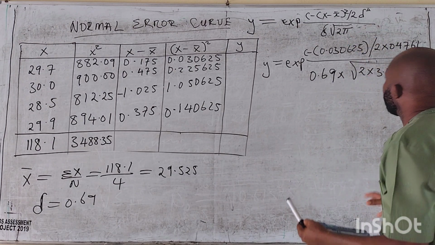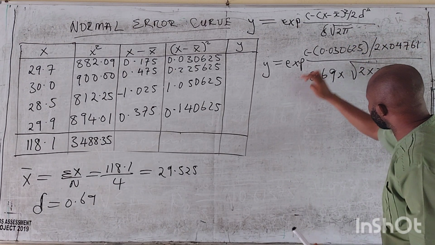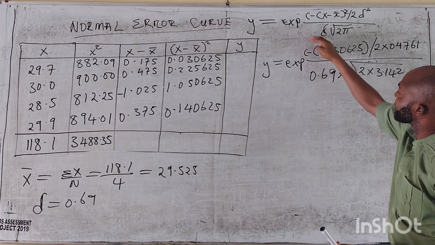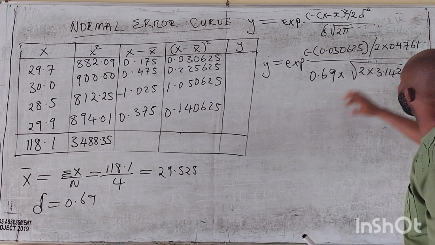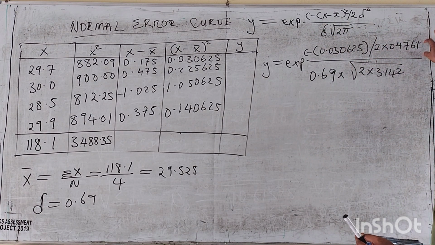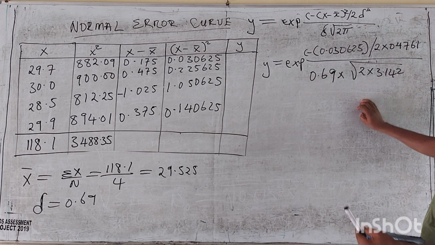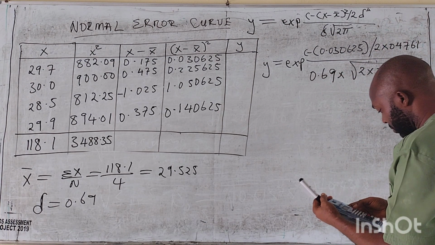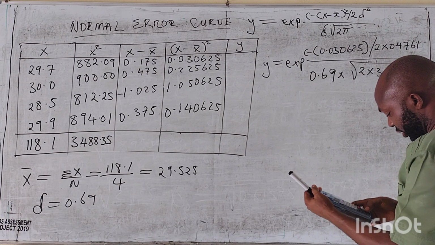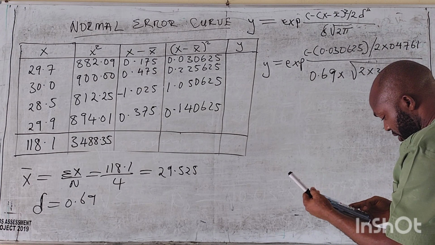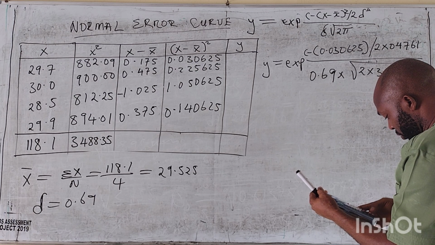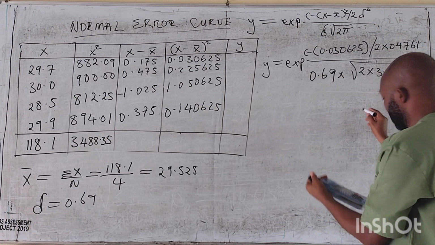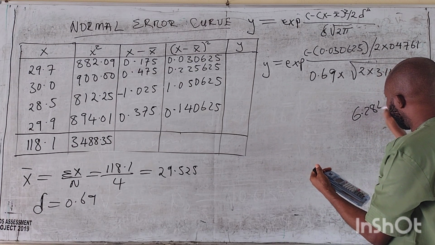Our power. Permit me, I want to resolve this, because this answer here is going to be constant in all of them, and this answer too will be constant in all of them. So let me resolve this and have a fixed value, so that it will be faster. First, 2 times 3.142 is equal to 6.284.